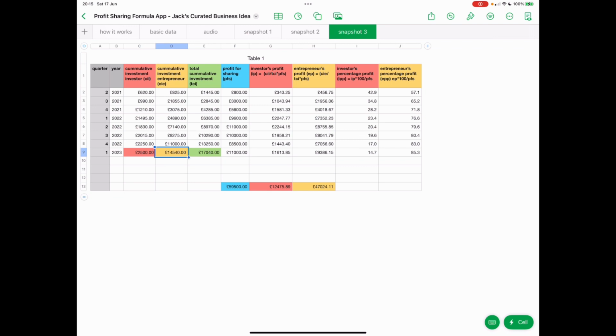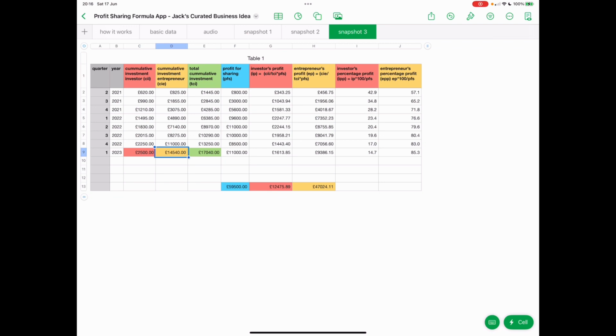And bear in mind, the cumulative investment by the investor was just about 2,500, and that of the entrepreneur was about 14,540. That's by the time you quantify his efforts and the money that he invested.